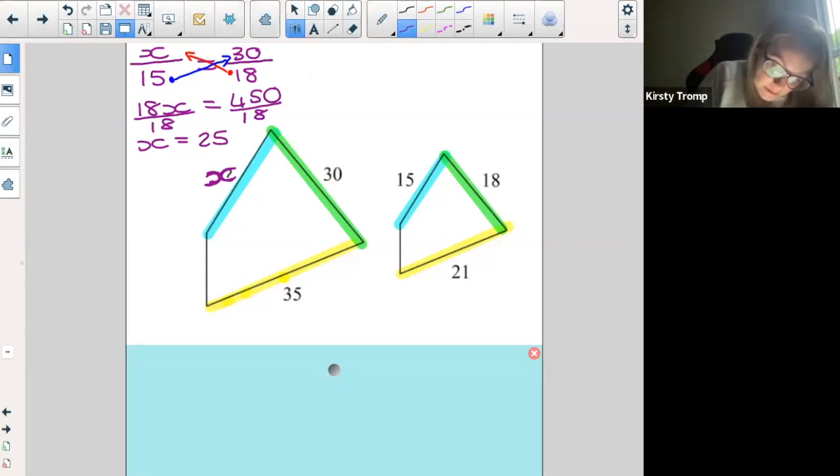So again, I'm going to have X over, and I'm going to put it over the 15, hey? Equals. Now I'm going to take the yellows. So I'm going to have 35 over, the other yellow is 21. Now I'm going to cross multiply.